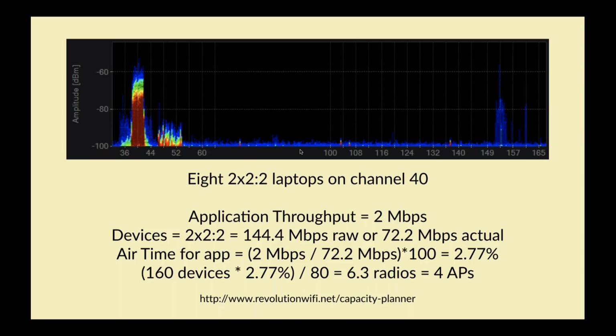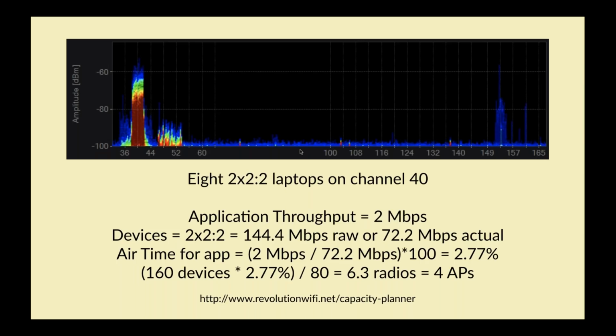Yeah, makes sense. All right, so here is a spectrum analyzer, that image at the top. What I'm measuring is somebody doing a test with a bunch of Chromebooks that were 2x2, 2. That's 2 transmit, 2 receive chains, 2 spatial streams. I had an access point operating on channel 40, and that's what that graph looked like with those 8 laptops. They were doing a test with just 8 laptops, but there were going to be about 36 laptops in use altogether in 3 different rooms.